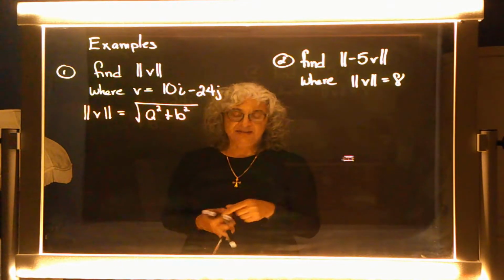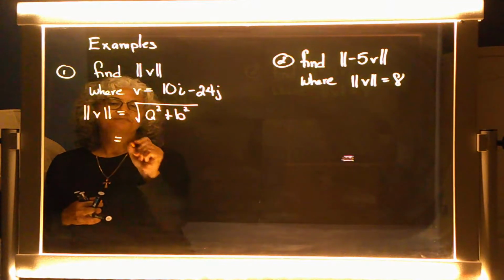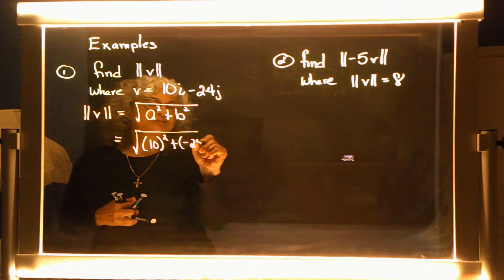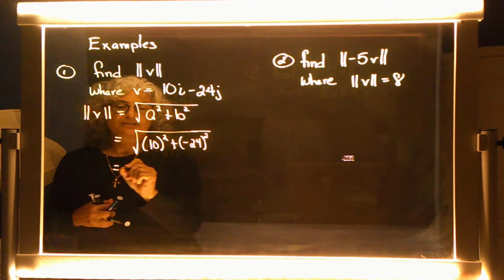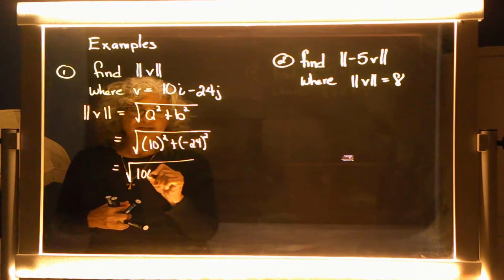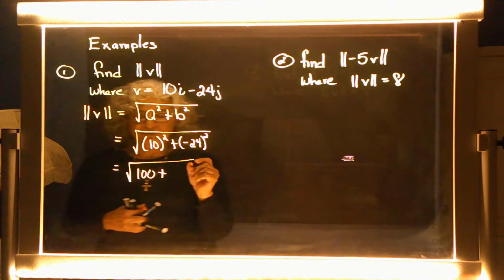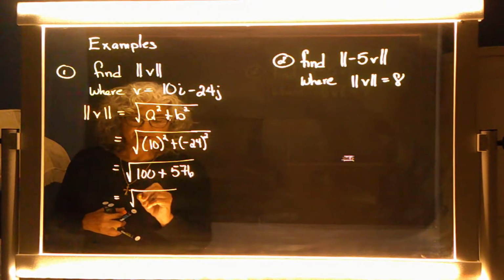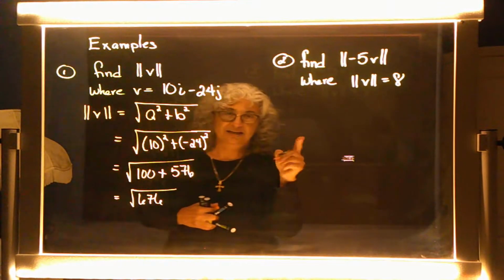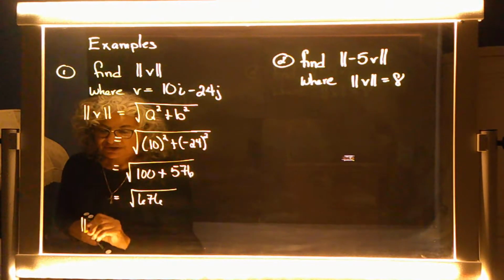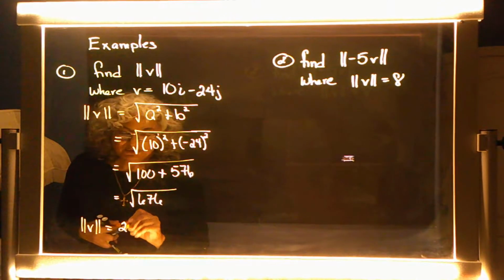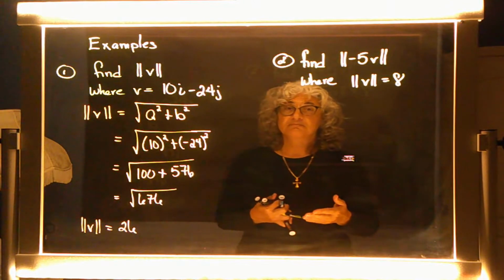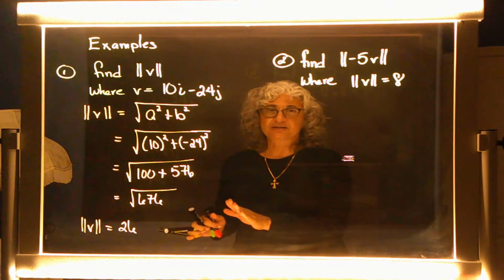So when I write this, it's going to look like the square root of 10 squared plus negative 24 squared, which is the square root of 100 plus 576, which equals the square root of 676, and you're on your calculators. So the magnitude of v is 26. So that's the length of v. Good? Cool. Keep it simple because that's how simple this is.